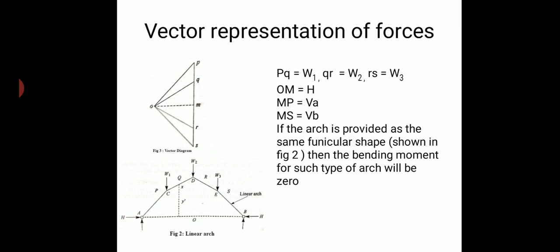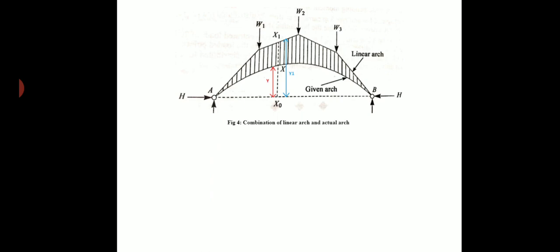I have combined both the linear arch as well as the actual arch in this sketch. This is the representation of the linear arch, and this is the representation of the actual arch.